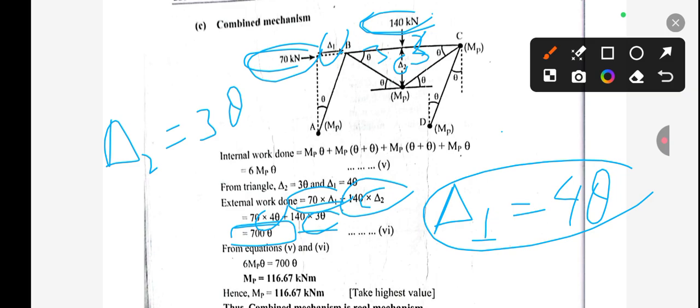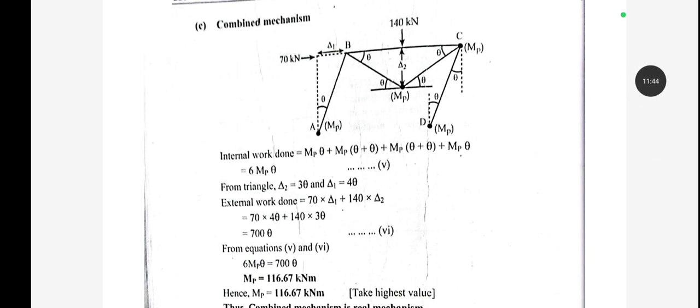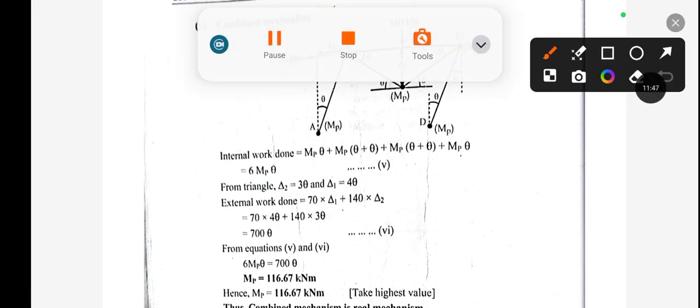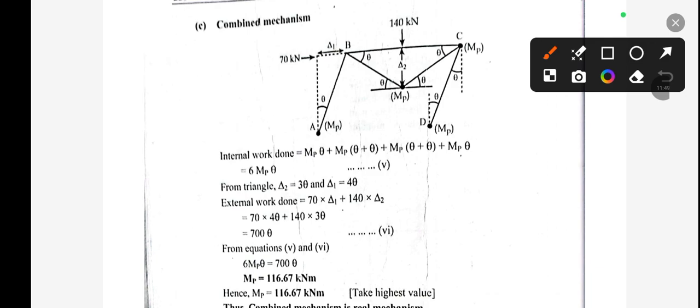Now we need to calculate internal work done. For the internal work done, we have to take the value of MP and multiply it by the respective angle. So this will be MP into theta at this portion.